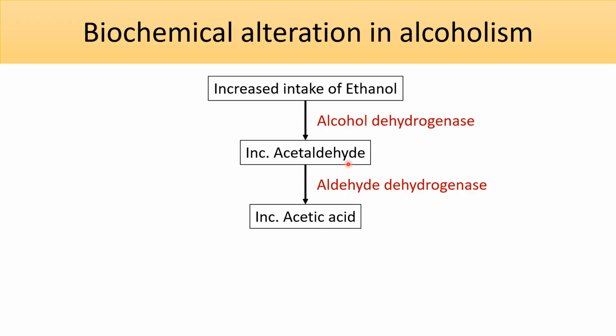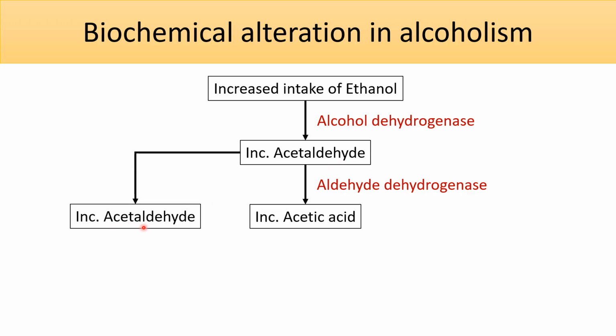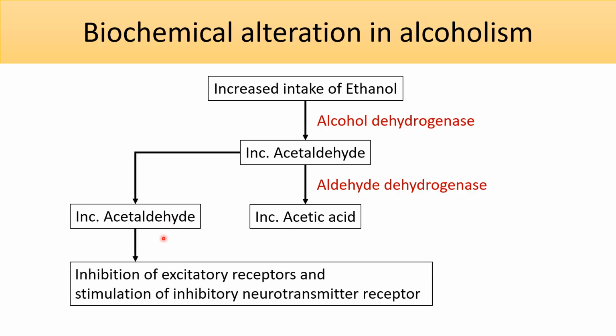So this acetaldehyde concentration will increase in the blood because the activity of aldehyde dehydrogenase is low compared to that of alcohol dehydrogenase. This acetaldehyde which is accumulating in the blood will cause inhibition of all the excitatory receptors and stimulation of all the inhibitory neurotransmitter receptors. This will result in depression.